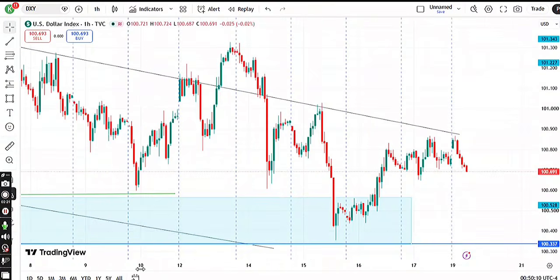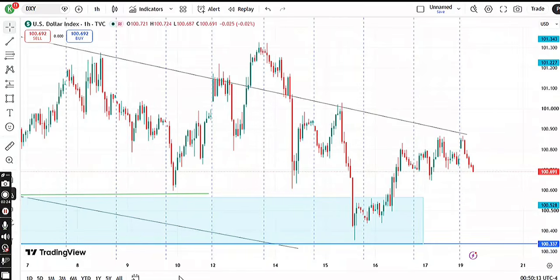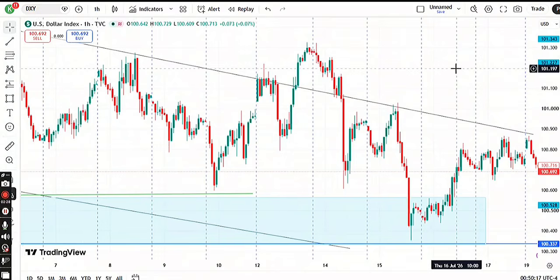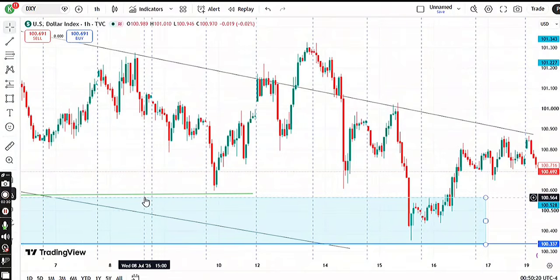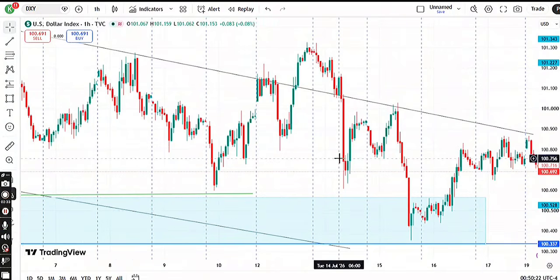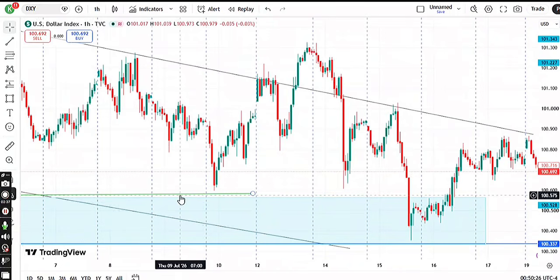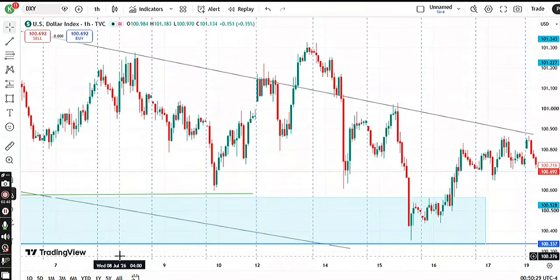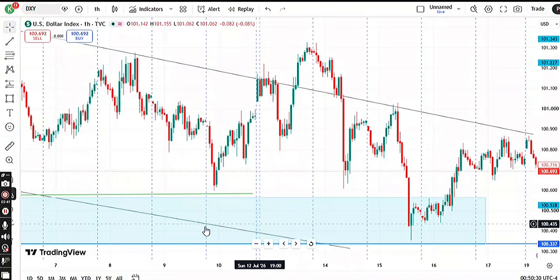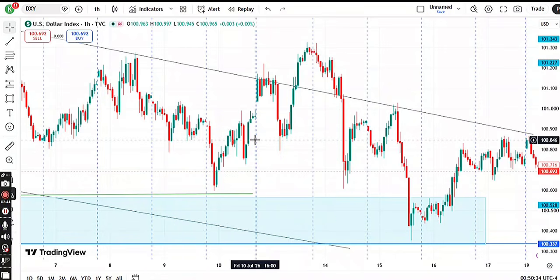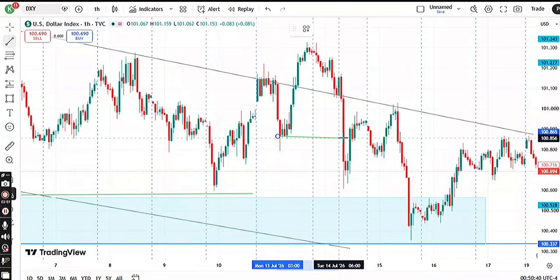So in the hourly time frame, taking note of this in the 4 hour time frame, you should have been expecting the market to come back to this level to sweep out all the liquidity that is lying here, and also to fill in this particular fair value gap at this point. Now that is why you would have considered this.